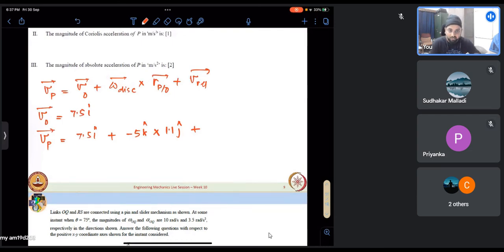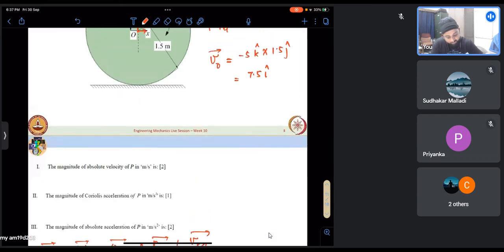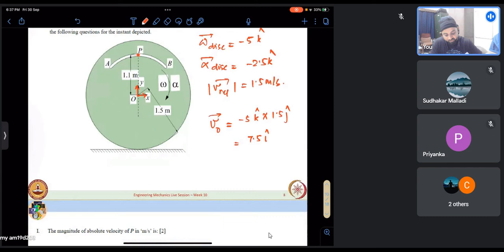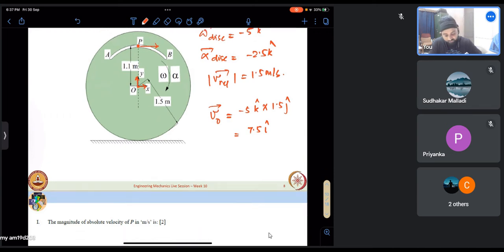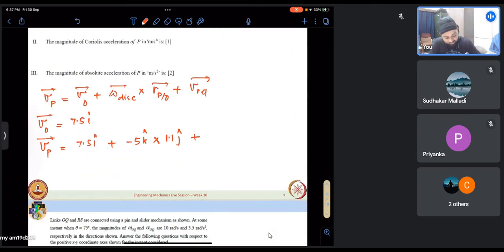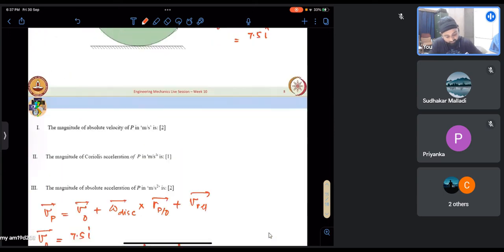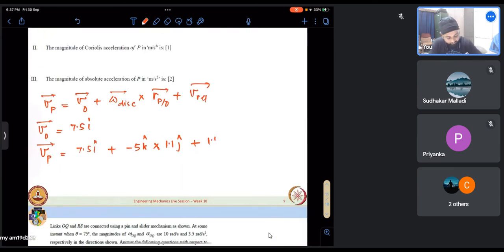So the magnitude of VREL is given to be 1.5, and at this instant VREL will be perpendicular, coinciding with x. So it is nothing but 1.5 i.